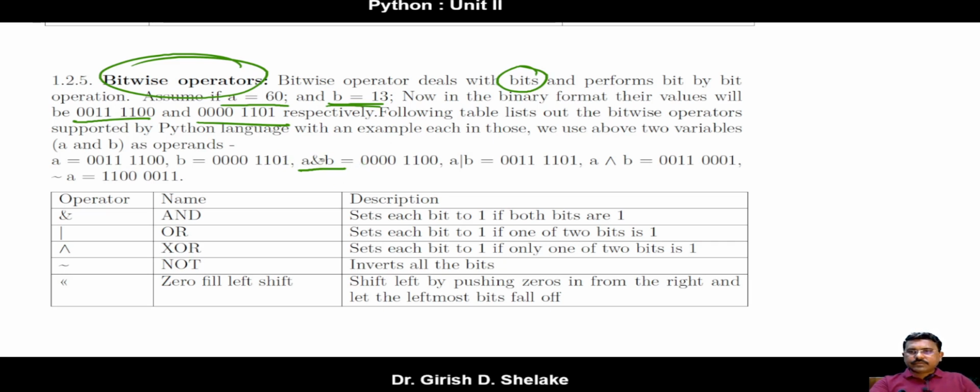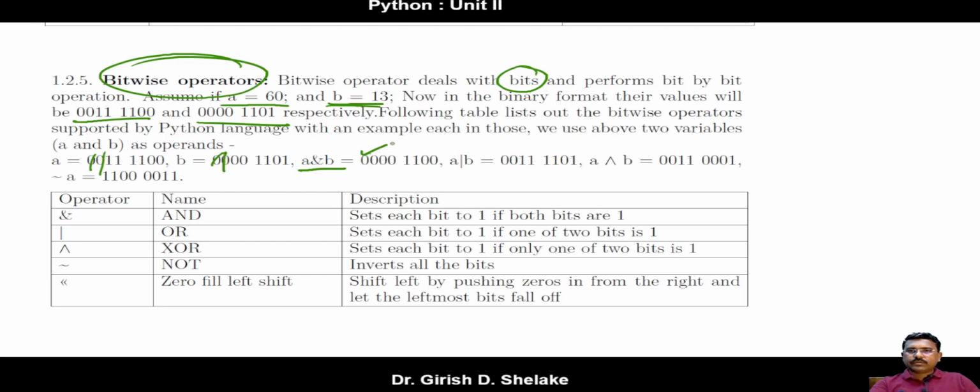Since we have the and operator here, it sets each bit to 1 if both bits are 1. Here we have 0 and 0, it will return 0 again.